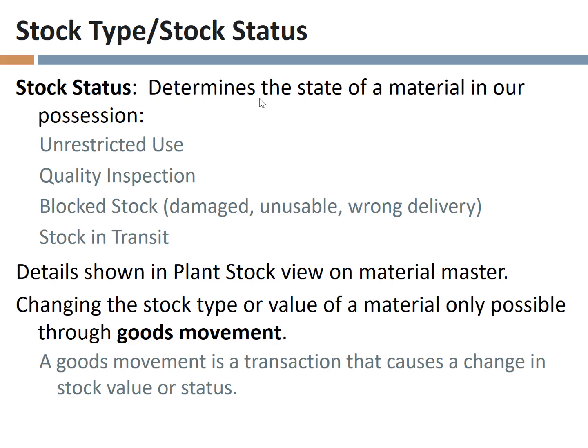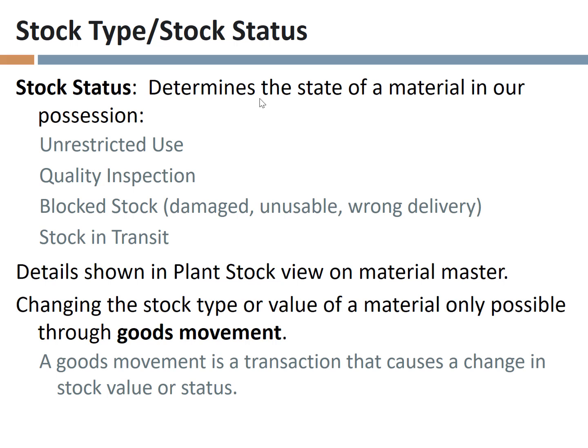Now you might look at that and say, I don't really get that. Isn't a goods movement a transaction that causes goods to be moved? Well, yeah, that's true. But what's really more important to us is something started out at plant 10, storage location 1, and now is in plant 11, storage location 3.